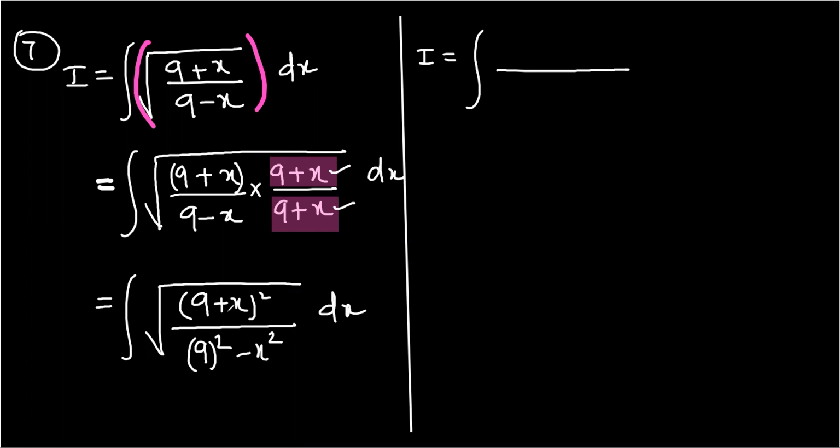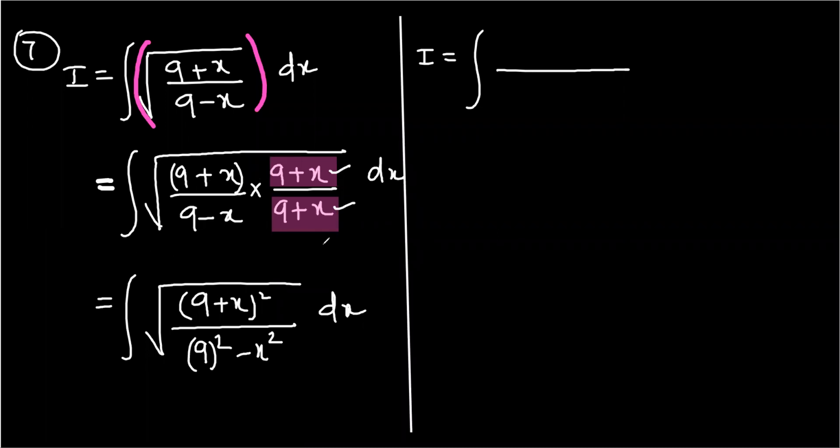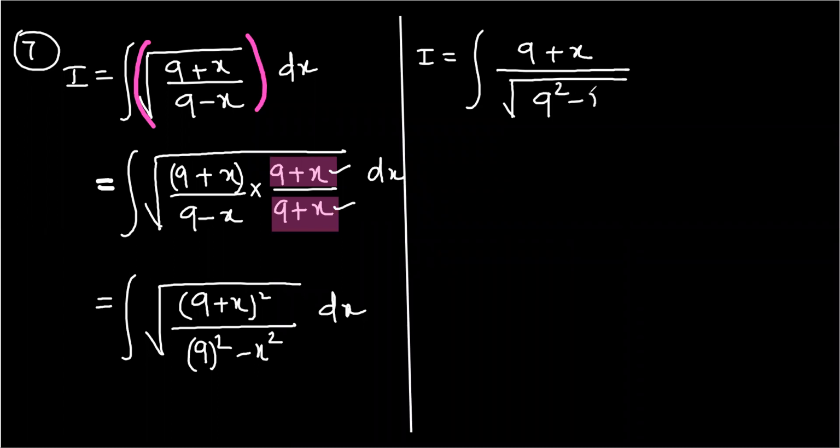I did not want the square root in the numerator. Now you can check, because you multiplied 9 plus x up, you got 9 plus x square, and now this is outside the square root and it is just 9 plus x. Whereas you will get the square root in the denominator, and that is 9 square minus x square. This is what you now get.